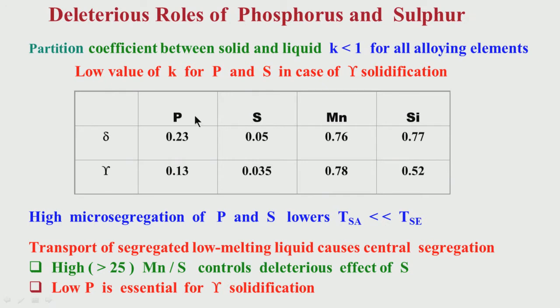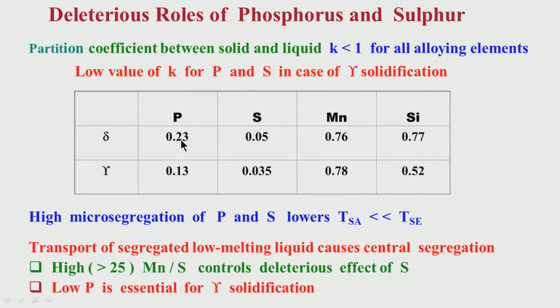So what we find here is that phosphorus and sulfur are very deleterious because their small k values, the partition coefficient values, are quite low. Between delta and gamma, depending on whether solidification is through delta or through gamma, the values of small k for gamma, that means austenitic solidification, are still lower compared to delta ferrite.